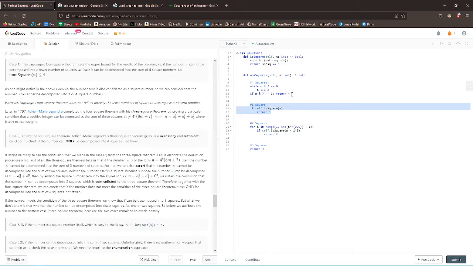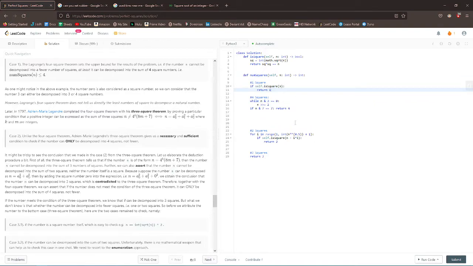Things that are perfect squares take a lot less time to get through this. So when they return, that's added less time to your code than if you'd had this first and you were iterating through cases where non-squares had to still check to see if the number was a square.